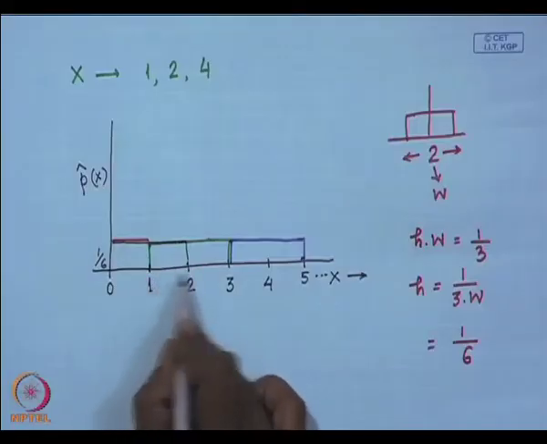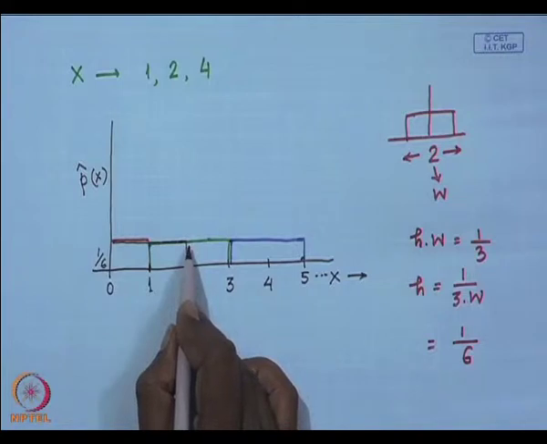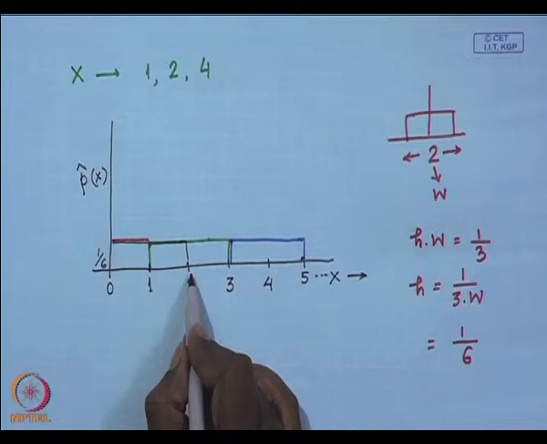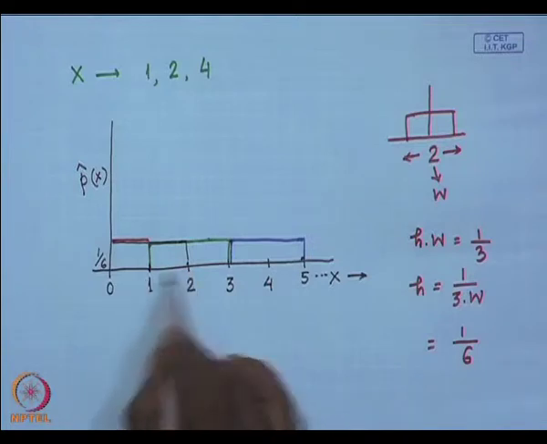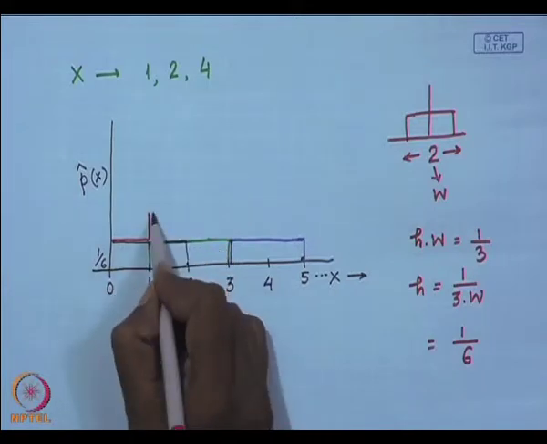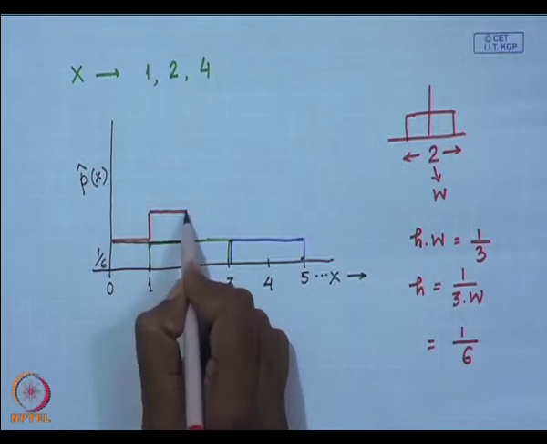Then from location 1 to 2 in this region, I have 2 windows which are superimposing. One window which was placed at location 1 and the other window which was placed at location 2. So, these 2 windows overlap. So, obviously, here the probability density will be the sum of the heights of the individual windows.